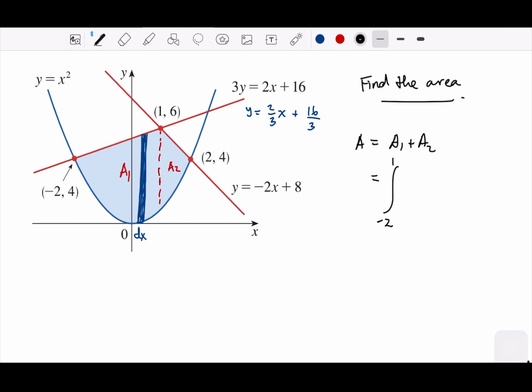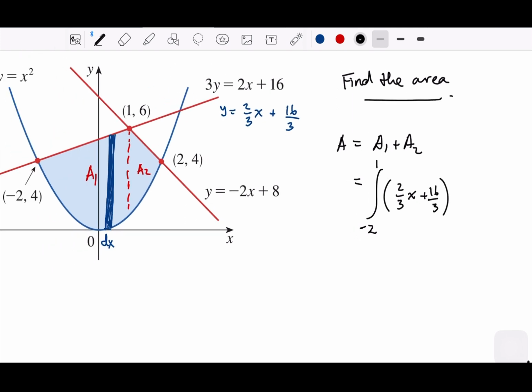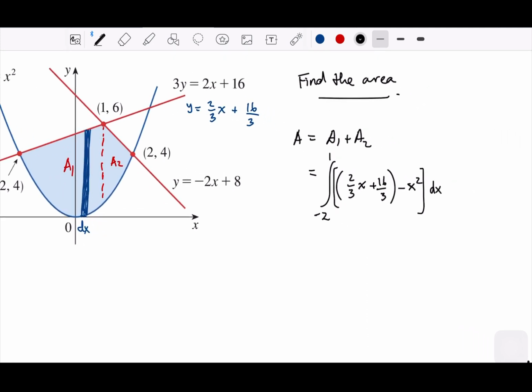And then the top equation is 2 over 3 x plus 16 over 3 minus, what is this? Minus x squared. That's A1.